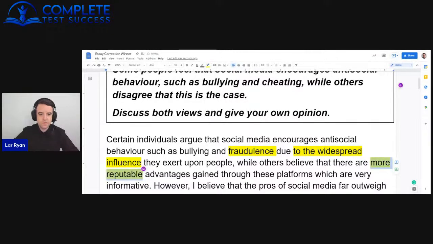So we've talked about the problems. So when you say they're more reputable, you're referring back to the things that we've already discussed here, but those aren't advantages. So that doesn't make sense to say more reputable because the thing you're referring to isn't an advantage.